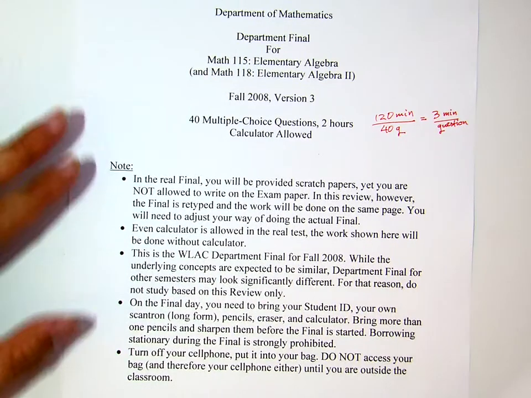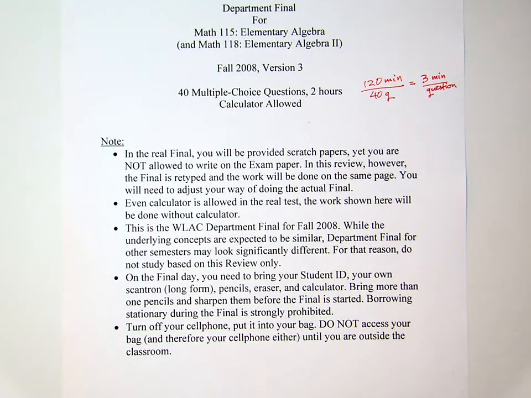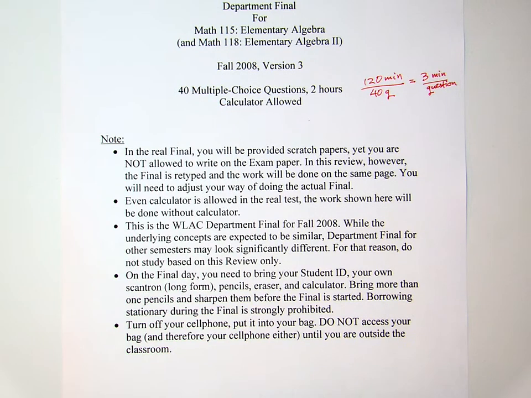Second, in this review, even though a calculator is allowed in the real test, the work shown here will be done without a calculator. The point is that a calculator helps you to speed up if you know what to do, but what students usually don't know is what to do with the calculator. So when you are practicing, avoid having a calculator next to you, because while you think it may be useful, it is actually a distractor.